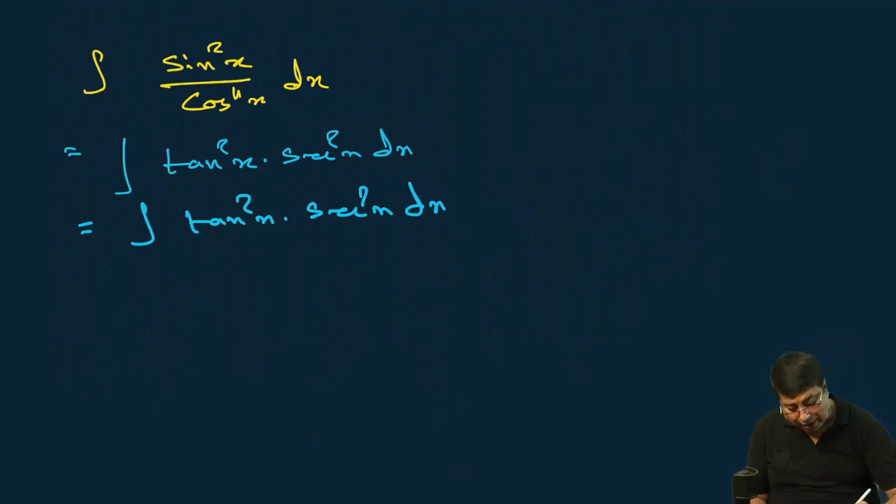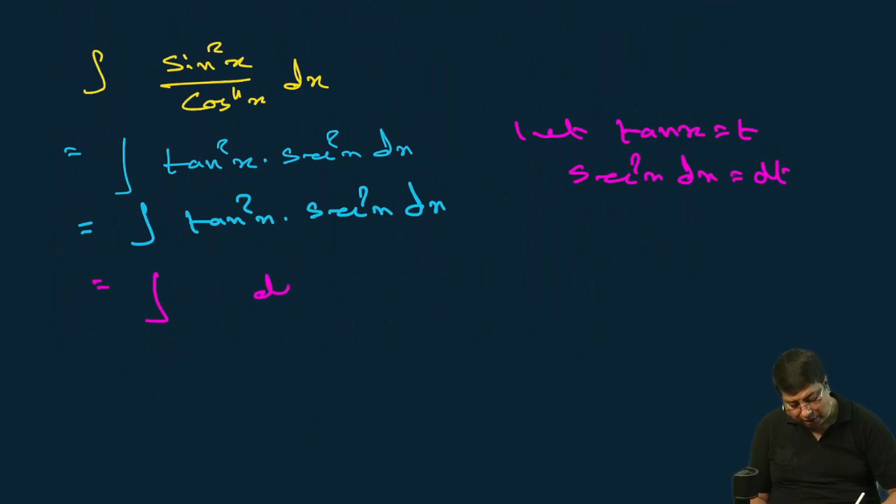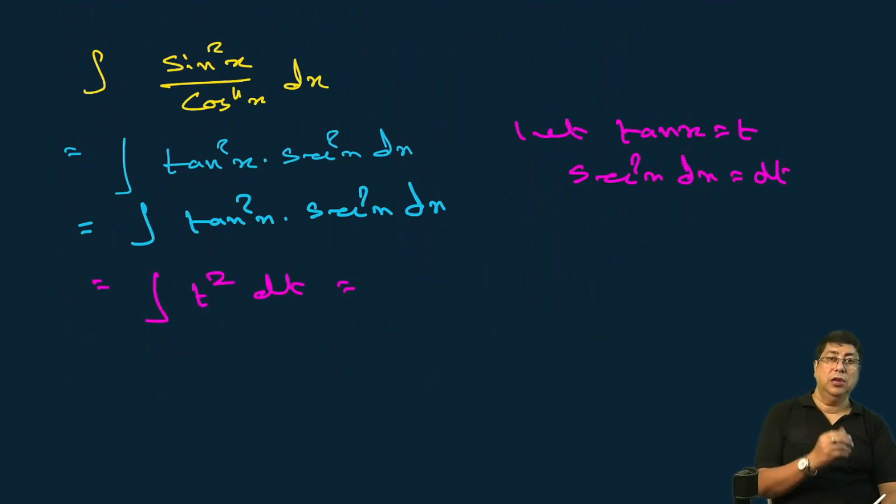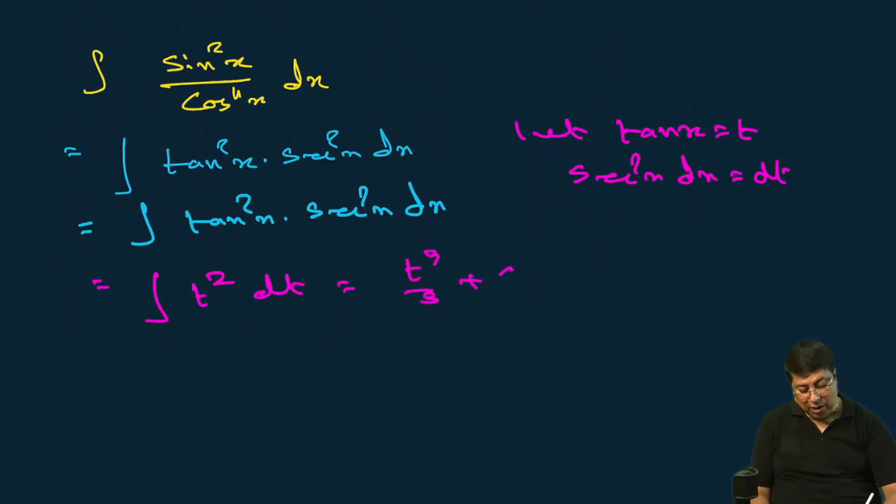So let tan x equal to t, so sec square x dx equal to dt. So in place of sec square x dx, dt, and tan x is t, so t square. Its integration is x to the power n plus 1 by n plus 1, so t to the power 3 by 3 plus c. Therefore the final answer is tan x whole to the power 3 by 3 plus c.